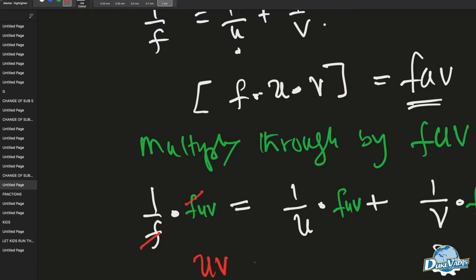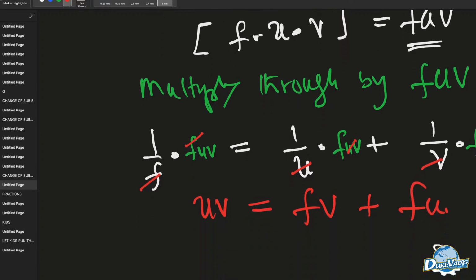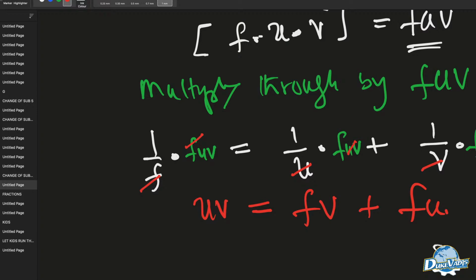UV is equal to this. Then the U will cancel the U, we'll be left with FV, plus V will cancel the V, and we have FU. You see, friends, it's easy.